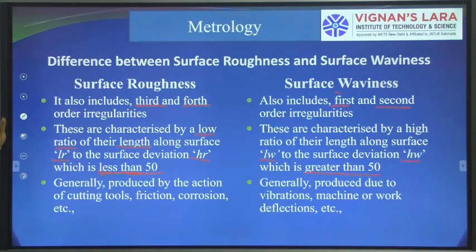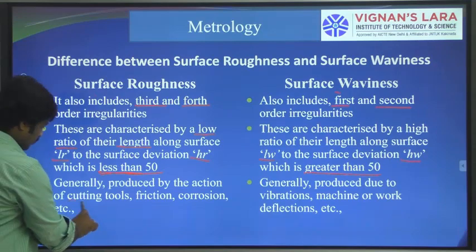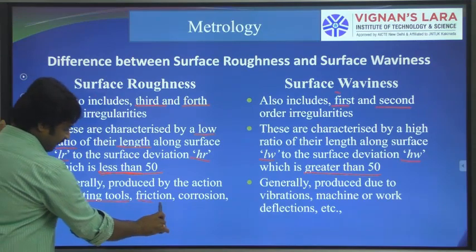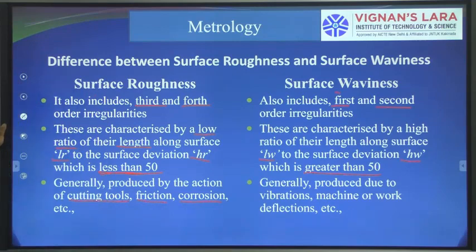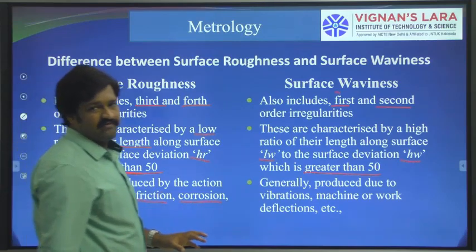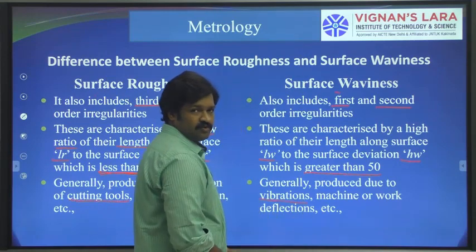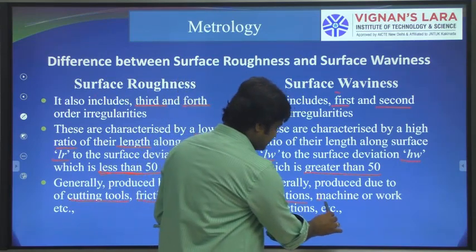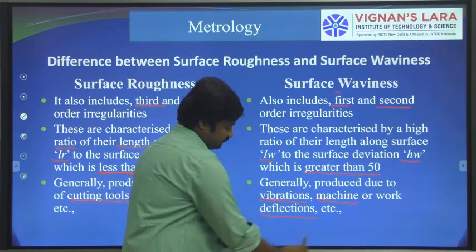Next, generally produced by the action of. These types of roughness or irregularities are caused due to cutting tools and due to the friction and corrosion of the elements. Whereas surface waviness is caused due to vibration, vibration of the machine, misalignment of the machine or work deflections.